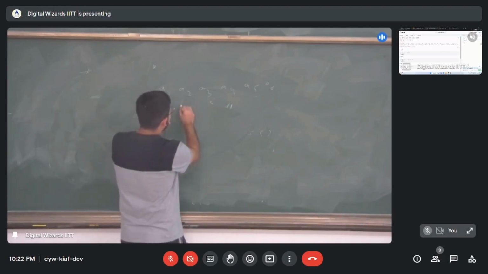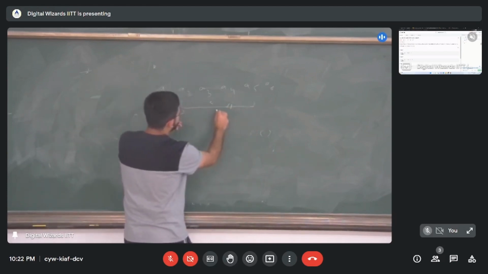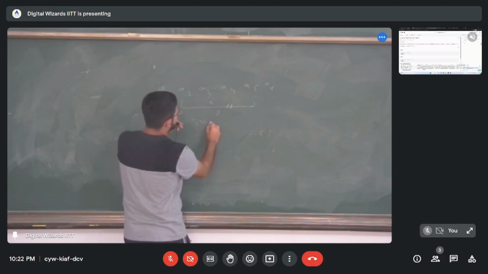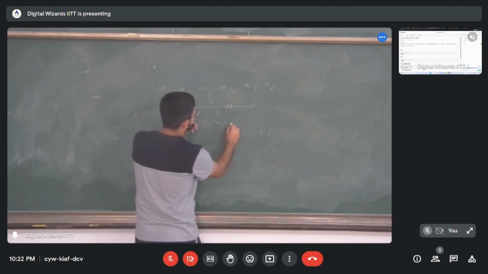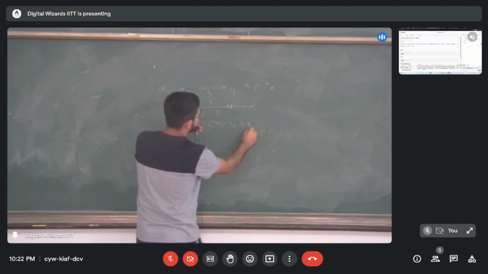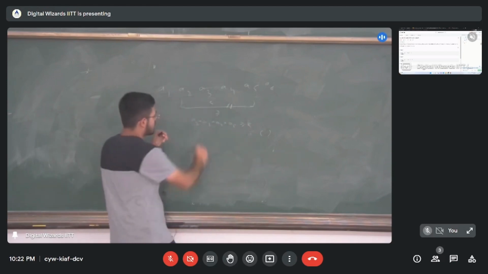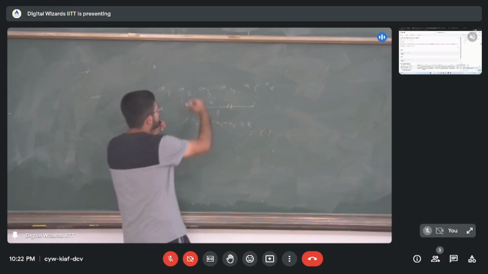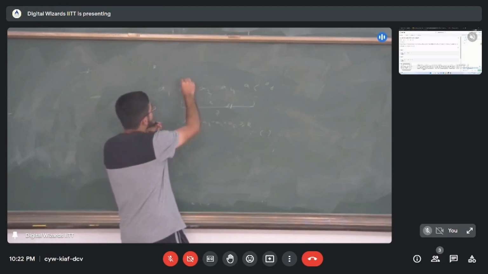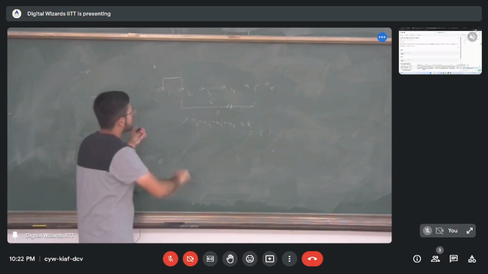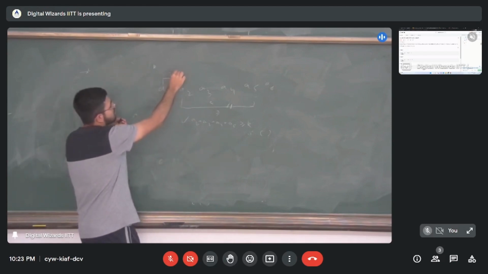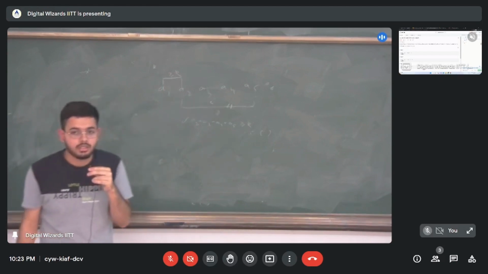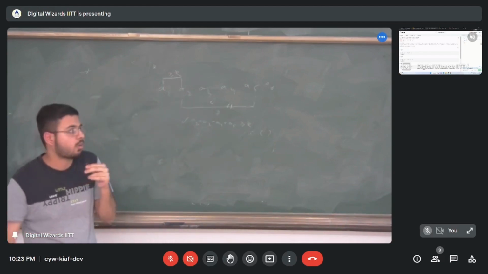Let's suppose A2 till A5 is greater than or equal to k. So A2 plus A3 plus A4 plus A5 is greater than or equal to k. That's a valid solution, one subarray which is greater than or equal to k. I want to find the shortest amongst them. It might be possible that A1 and A2 form a sum which is greater than or equal to k. So I want the smallest subarray which satisfies this property.